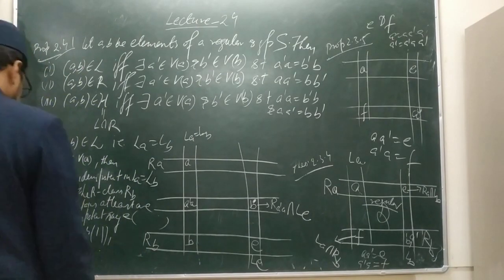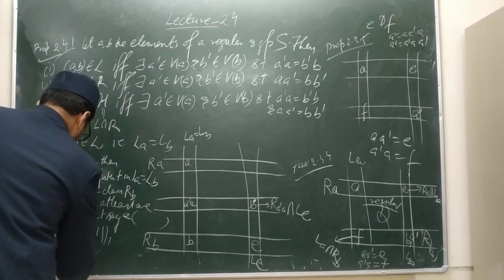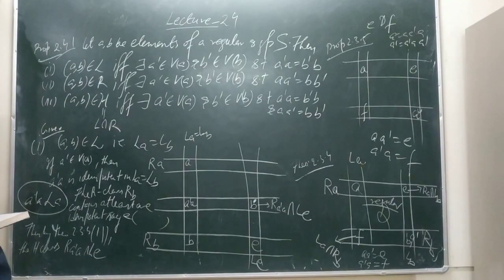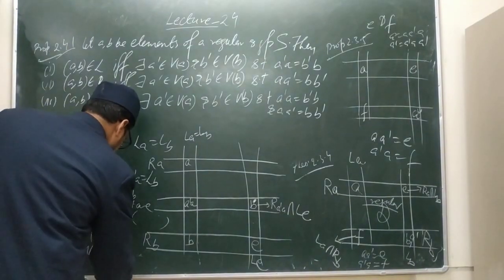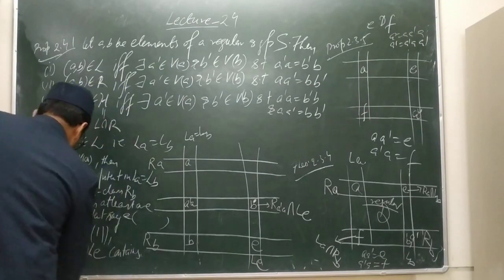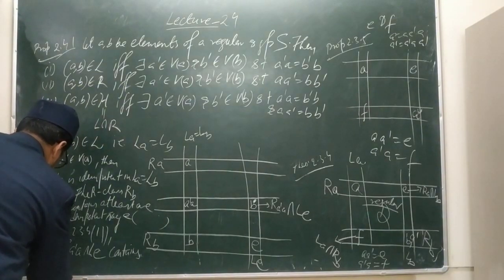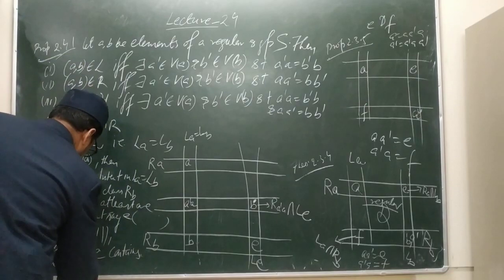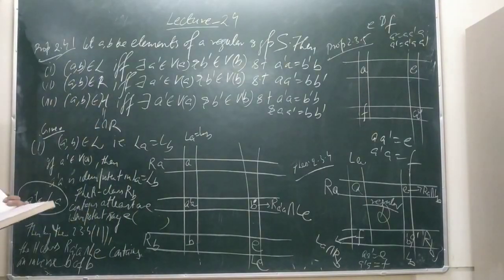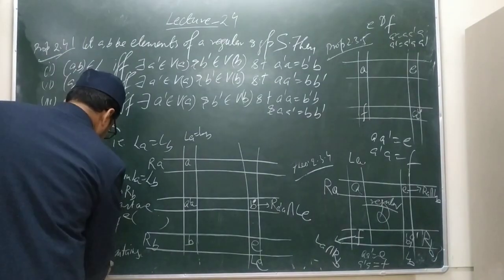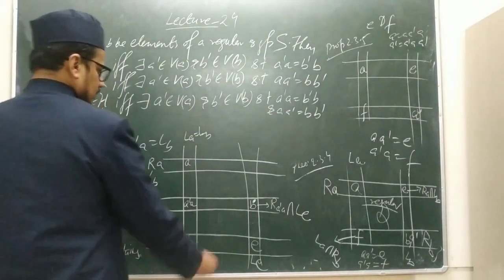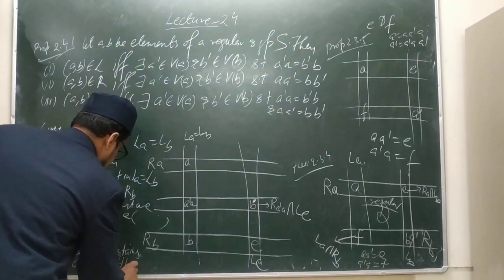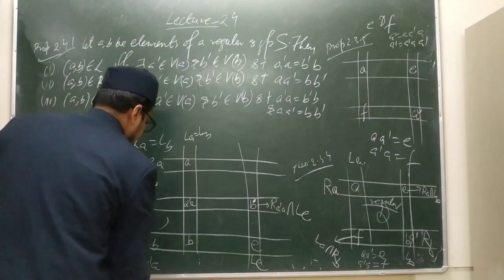The H class R and the H class R A dash A intersection L contains an inverse B dash of B such that B dash B is equal to A dash A, correct?